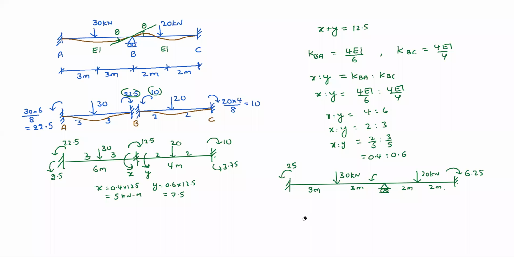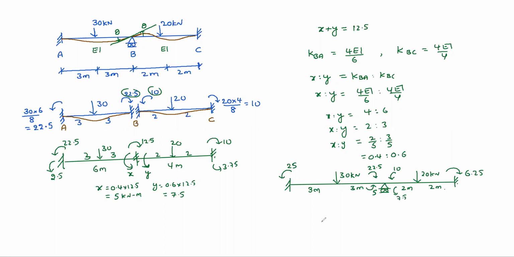Here fixed moment, how much is there? 22.5. This one, and anti-clockwise 5. Here fixed moment, clockwise 22.5, anti-clockwise 5. Fixed moment 10. Distributed moment 7.5, anti-clockwise.